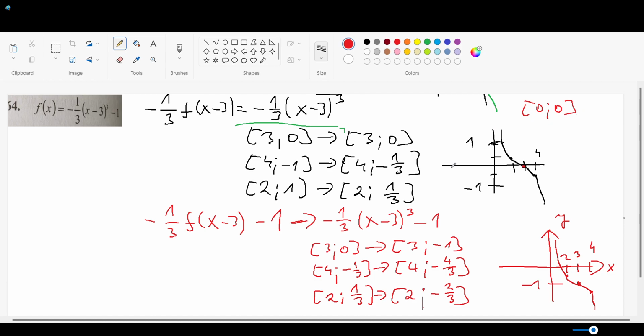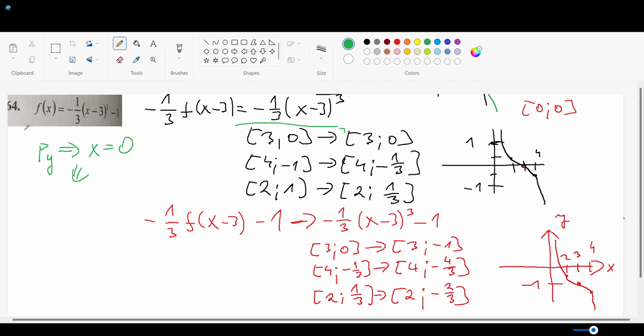Now it would be nice to be really precise, to draw the chart as properly as possible. The easiest way would be to define the intercept with the y-axis. The intercept with the y-axis would mean that we are looking for the value of y when x equals 0.